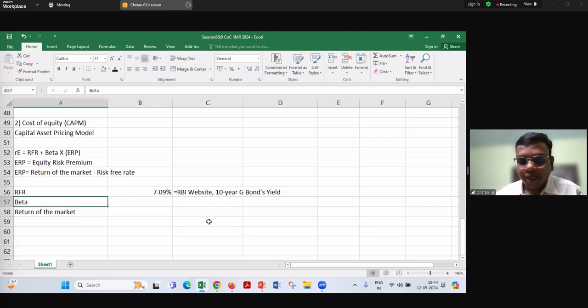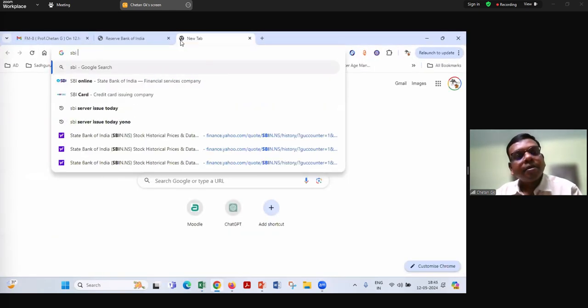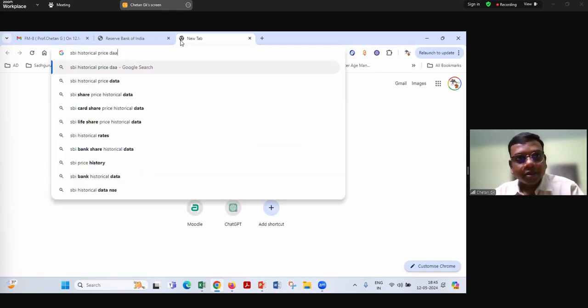Quickly, we'll compute this beta because we know how to compute this beta, right? Okay, Prashant Limited is an assumed company, so it is not a listed one. Because of which we'll not be getting the data of the company. So we'll take some company. Okay, so let us go for State Bank of India, SBI historical price data.